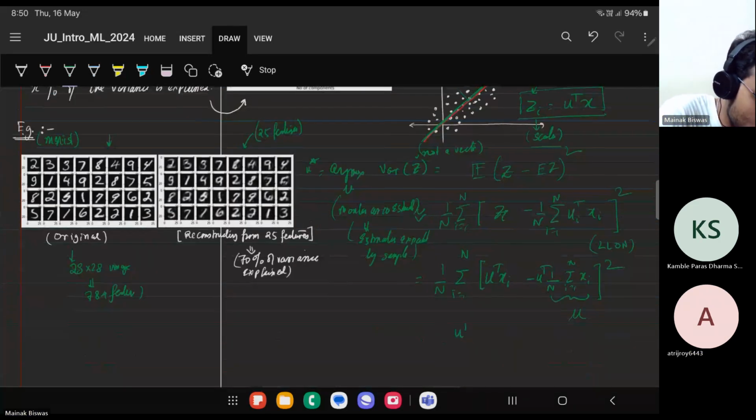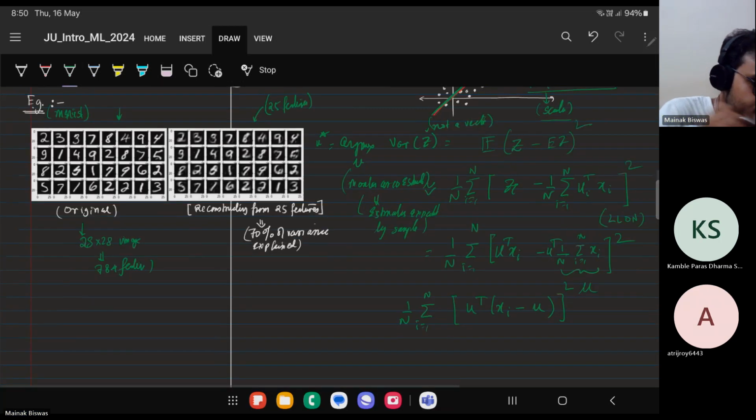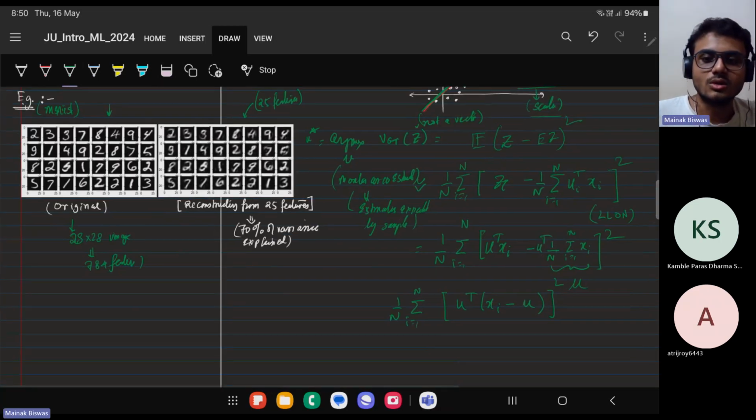Now, u transpose I take outside. Similarly, if I write u transpose (xi minus mu) whole square, summed over i equal to 1 to n, times 1 by n. No doubts?